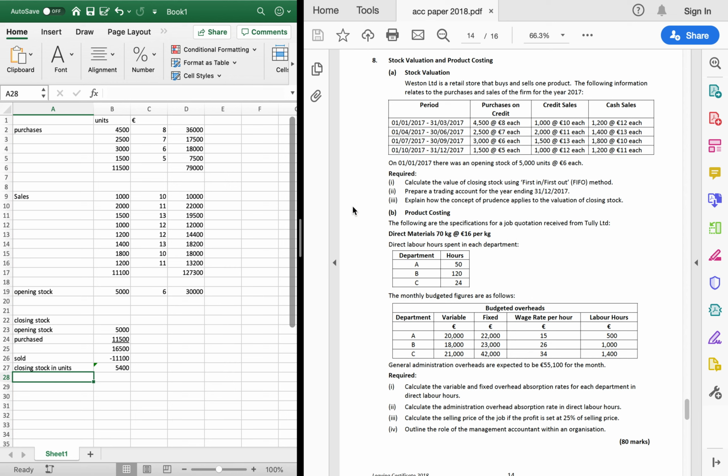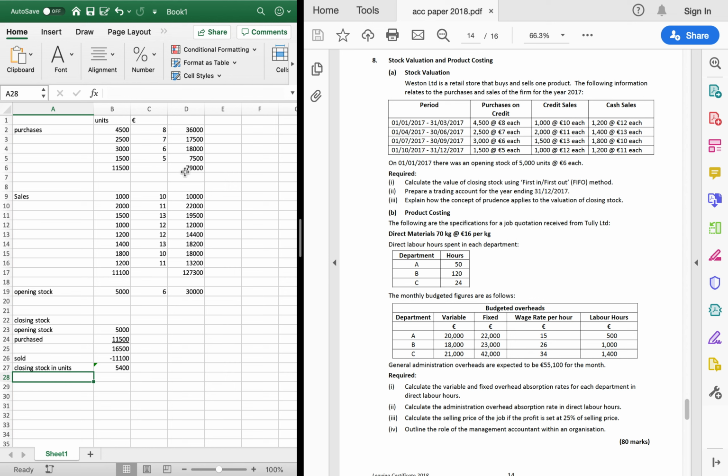What first in, first out basis is, if you think about a business, say selling cans of Coke, and the fridge has been stocked, and say you buy some Coke at 8 cents and some at 7, and some at 6, and some at 5. You're selling them at different prices. It's completely unfeasible to suggest that you're going to sell them in that order.